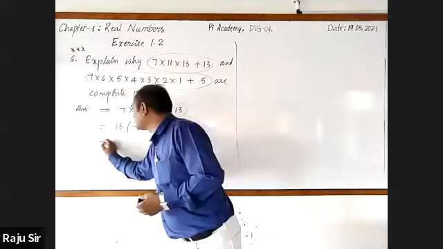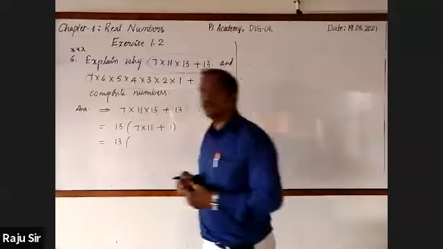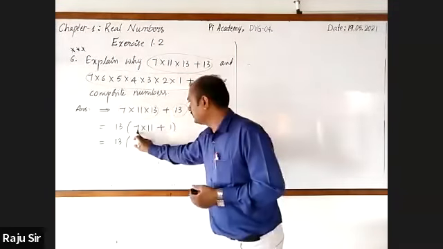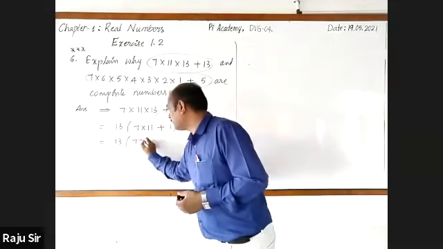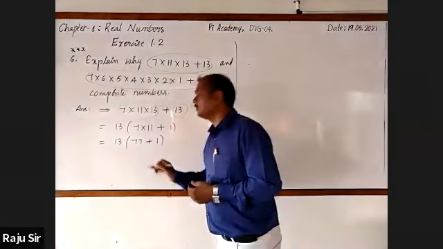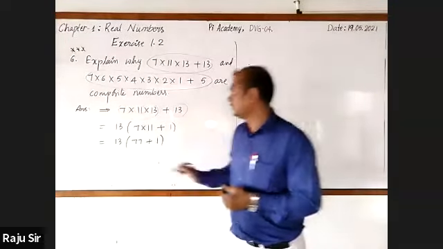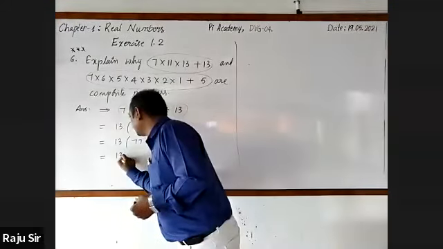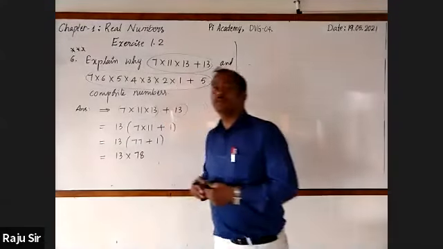So now this is equal to 13 into 7 elevens are 77, plus 1 as it is. It is equal to 13 into 78. 77 plus 1 is 78.